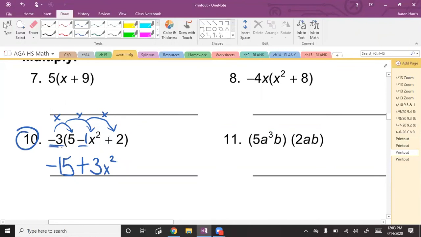What is -3 times +2? Negative and positive 2. A negative and a positive is a what? Negative. What's 3 times 2? 6. Good.